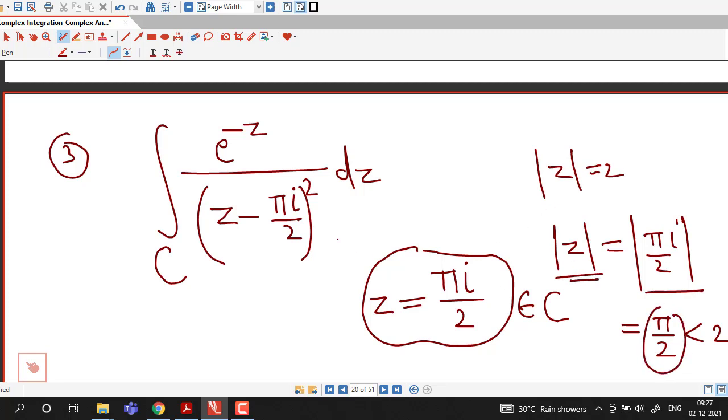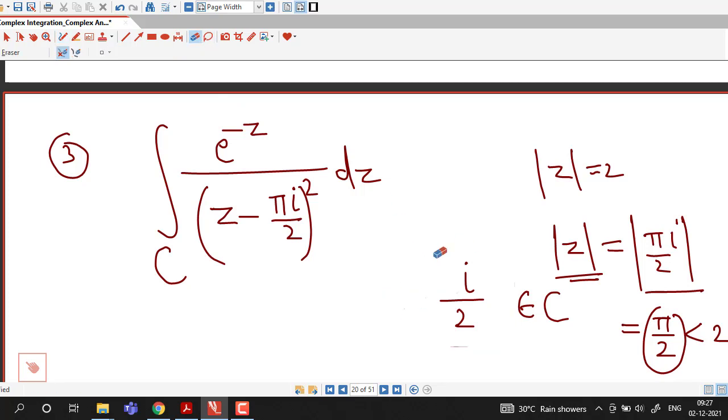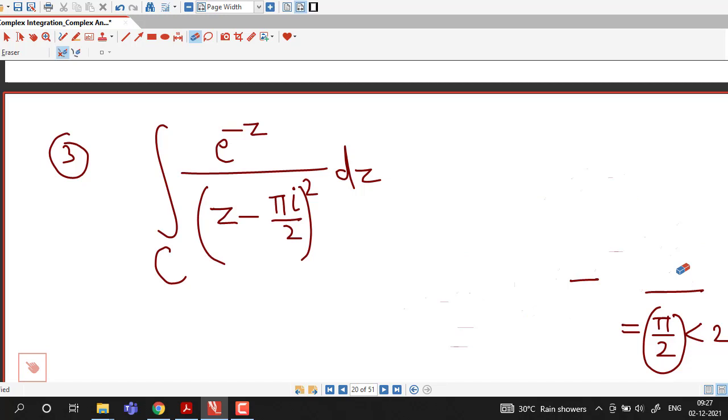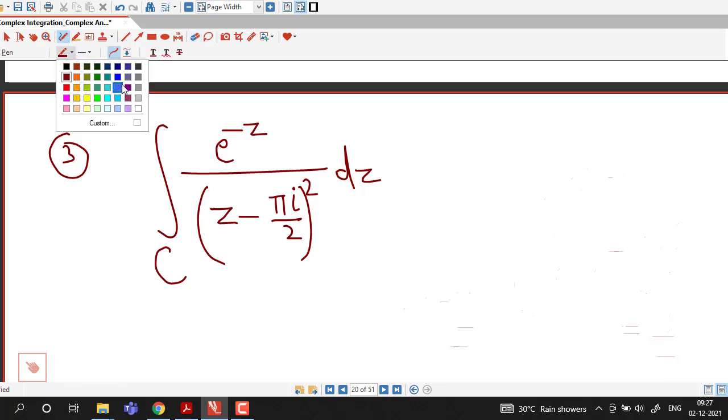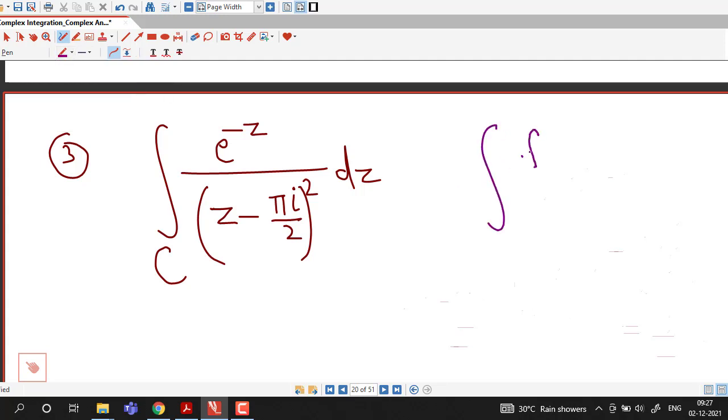So here we have to apply Cauchy integral formula again, but here the power of z minus pi I by 2 is 2. So we have to apply the extended version of Cauchy integral formula. We recall that the extended version of Cauchy integral formula is the integral of f of z divided by z minus z0 raised to n plus 1.